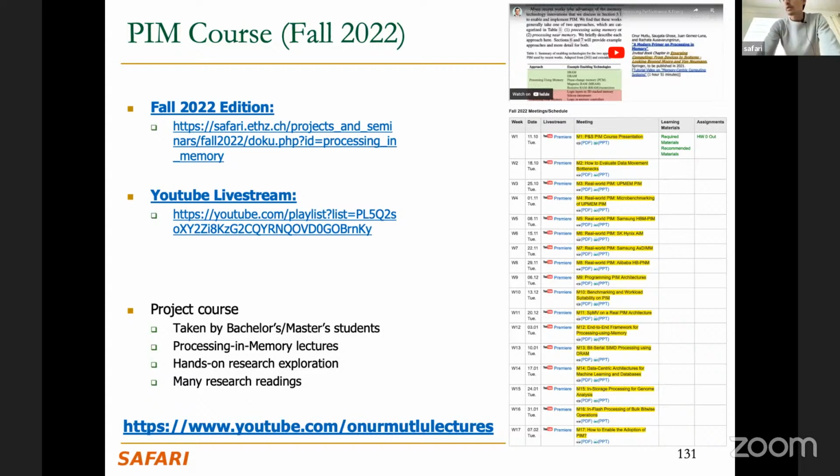Yeah, I think so. I don't think that the PIM paradigm is restricted to any specific device or any specific type of applications. What we can see so far from these initial experiences in the real world from different vendors is that they are focusing on servers, as is the case of UPMEM, right?